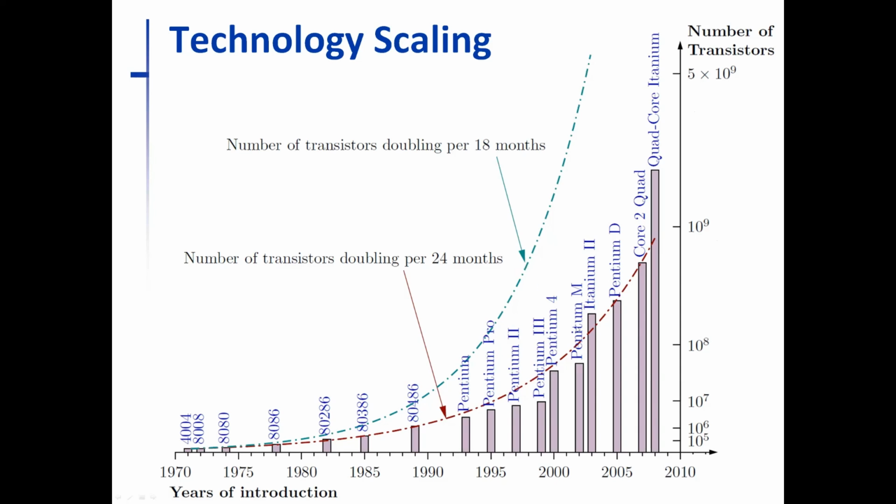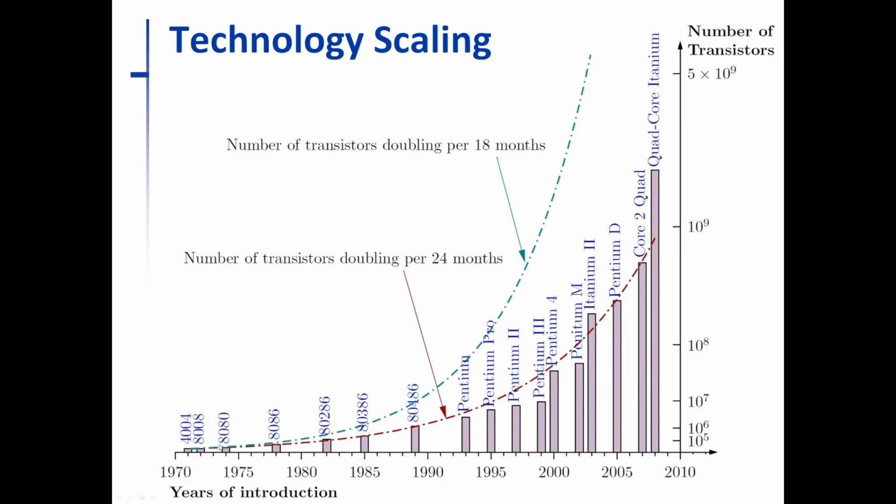These two dotted lines that you can see: the bluish one shows the number of transistors in a computer chip doubling every 18 months, 1.5 years. If the number of transistors doubled every 18 months, that is the line the chip should follow. The reddish-brown one represents the number of transistors doubling every 24 months, like Gordon Moore predicted, right?